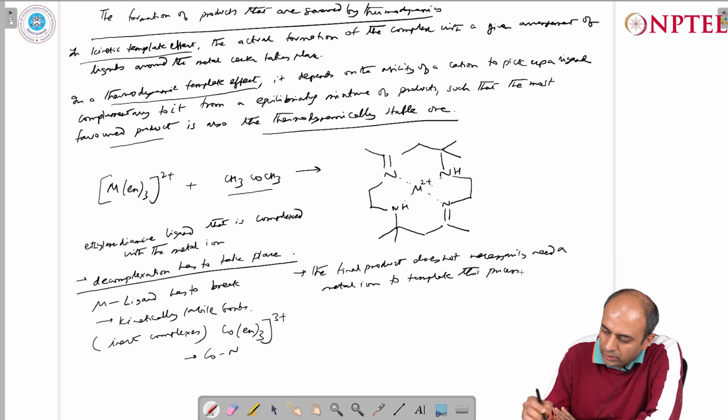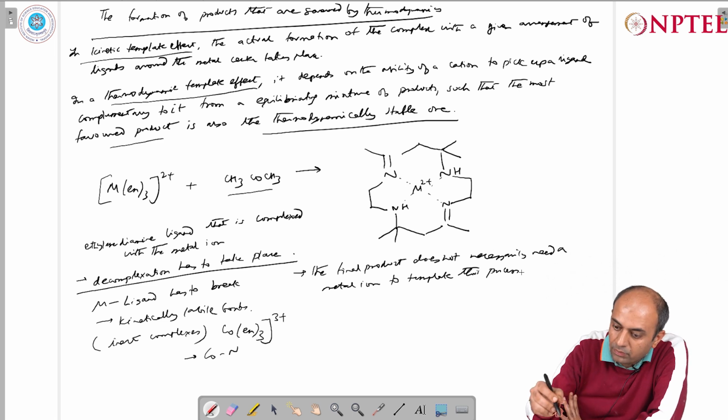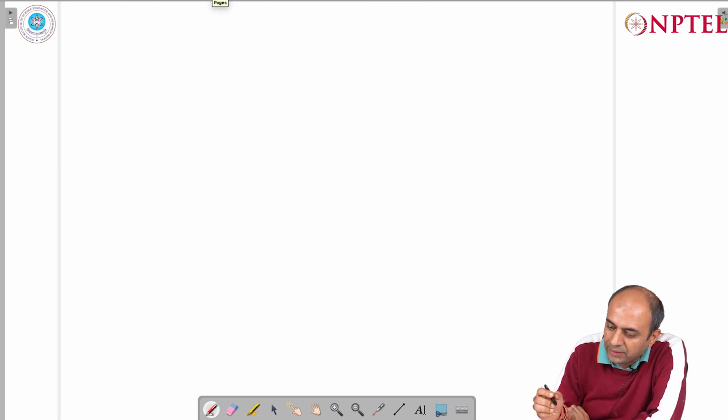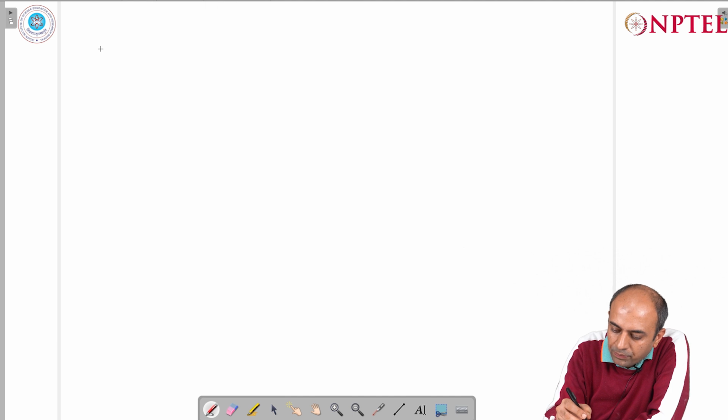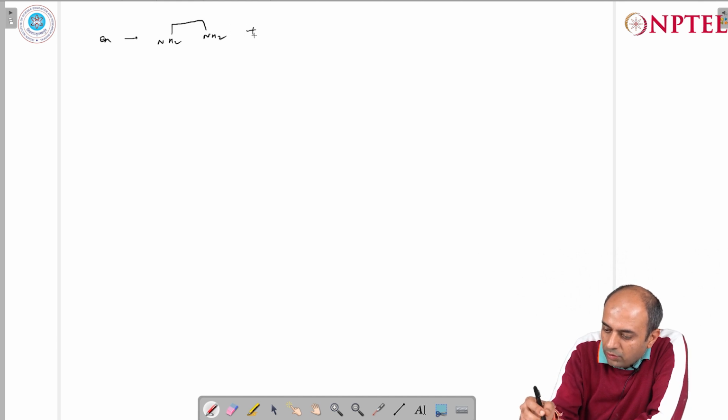Now, let us look at how this particular complex is formed. So, we have got the ethylenediamine ligand, which is NH2, and we have got acetone. So, acetone will react with the amine group to form the imine.